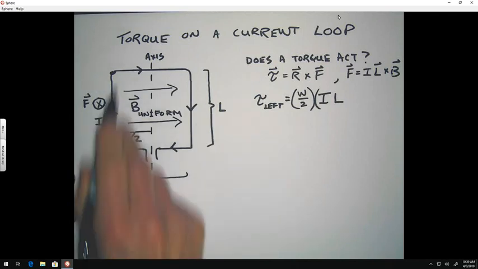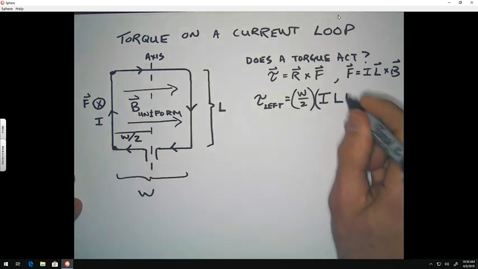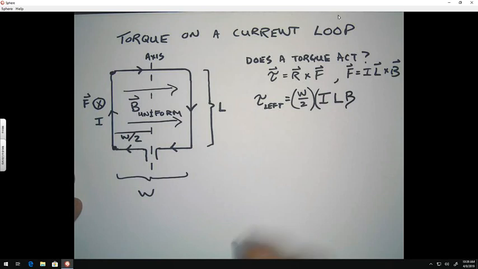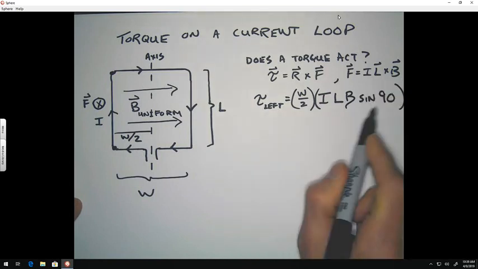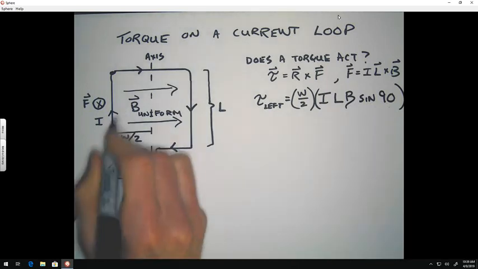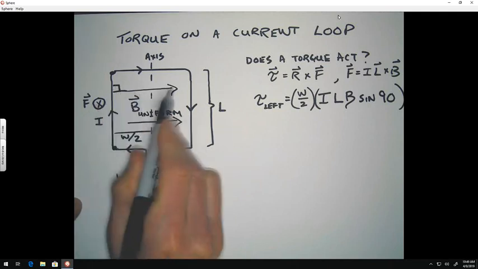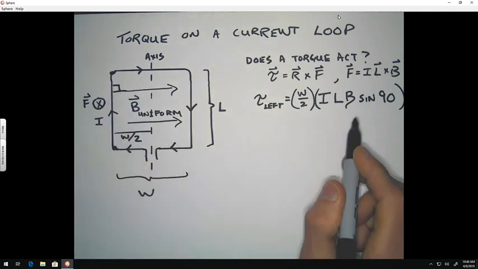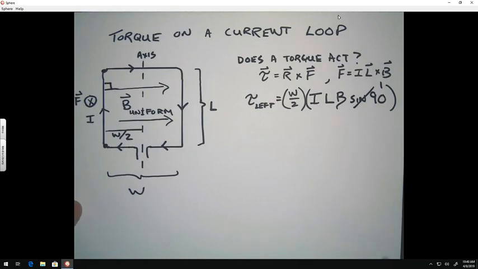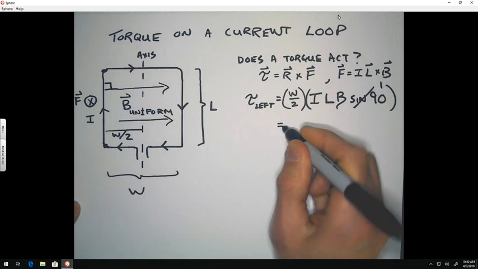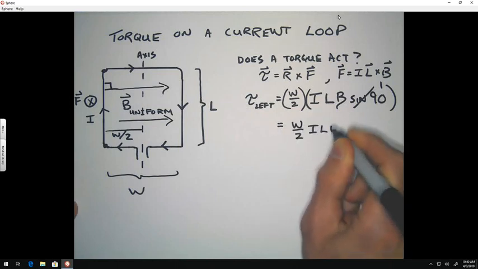So L is this entire length here, times B, and in this case the sine would be the sine of 90, because you have a right angle between the B vector and the L vector. And so that, of course, is just equal to 1. So on the left side, we end up with the torque equal to W over 2 times ILB.